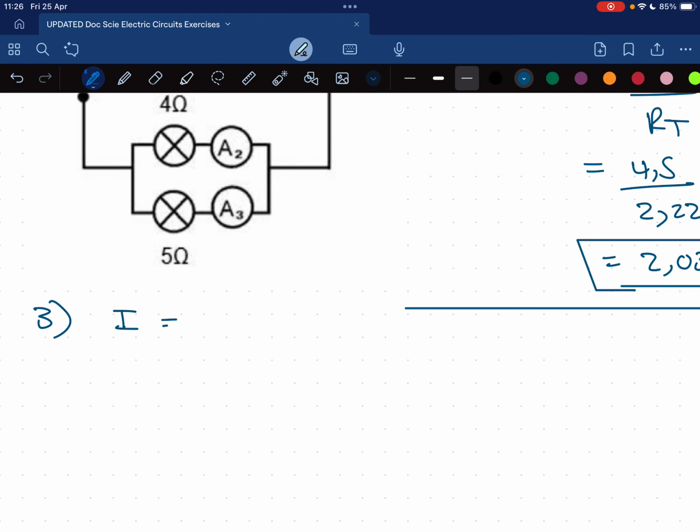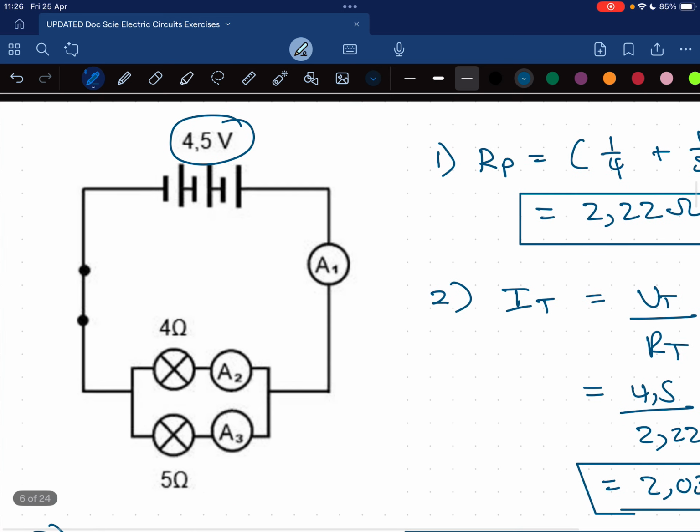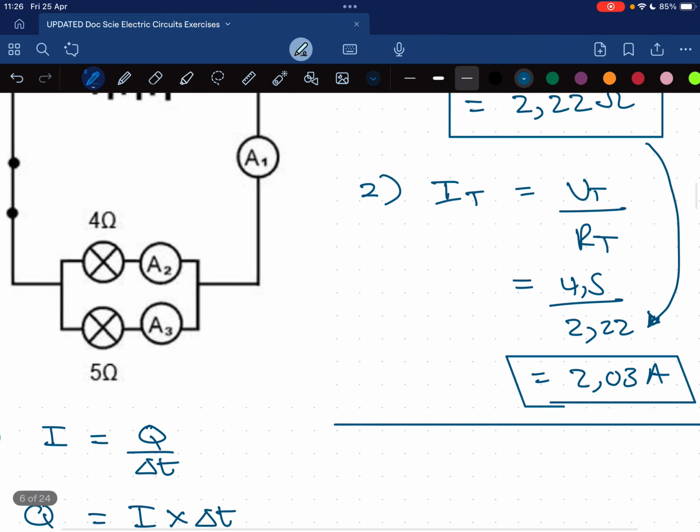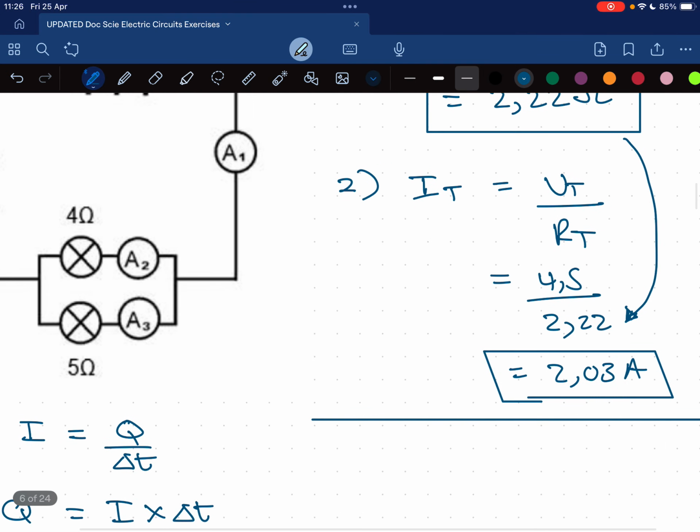So current is equal to Q over delta T. Now they want to know the charge. So charge is I multiplied by delta T. I know the time is 10 seconds. Do I know the current? No, I don't. All I know is what the total current is going to be.